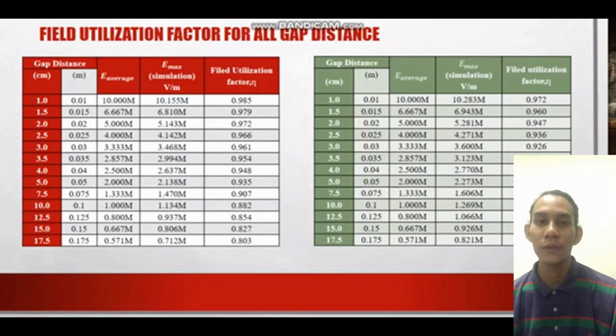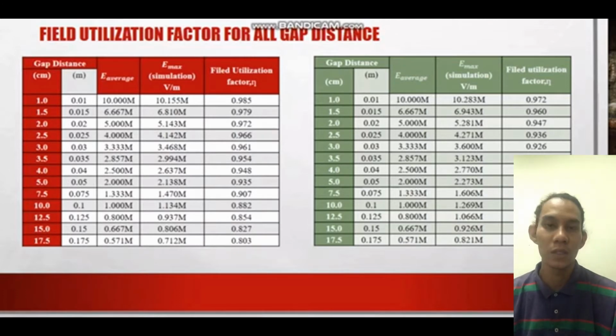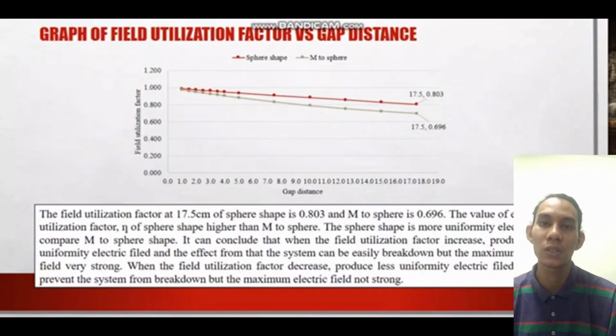For shape 2, it is the same gap distance from 1.0 cm to 17.5 cm. It also shows the lower voltage with the higher gap distance.